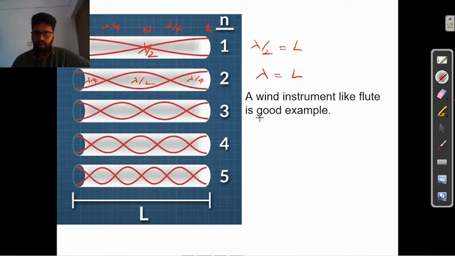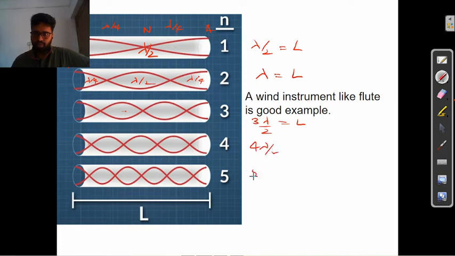And the third one, you have lambda by 2, lambda by 2, plus lambda by 4, lambda by 4. So you have 2 lambda by 2 plus 2 lambda by 4, that is 3 lambda by 2. And the fourth one, if you observe the pattern, it is 4 lambda by 2.